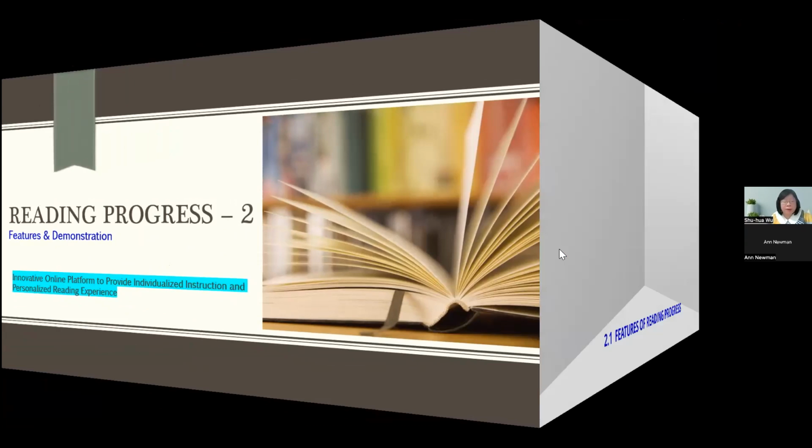Now, as we have learned from Dr. Sulaiman and the previous researchers to know more about the importance of oral reading fluency, I would like to restate one more time: oral reading fluency means the ability for students to read a text accurately at an appropriate rate and with suitable expression.